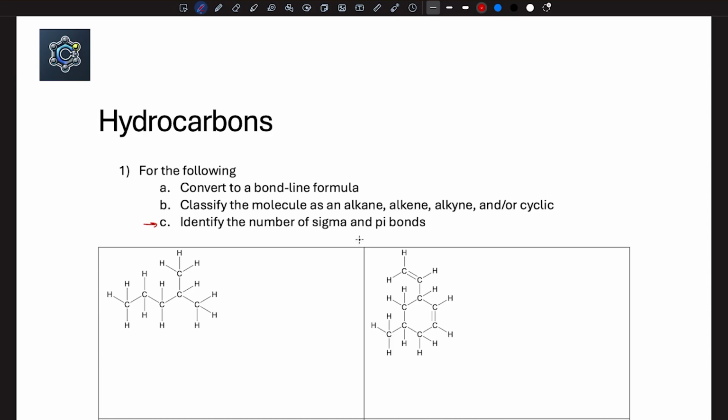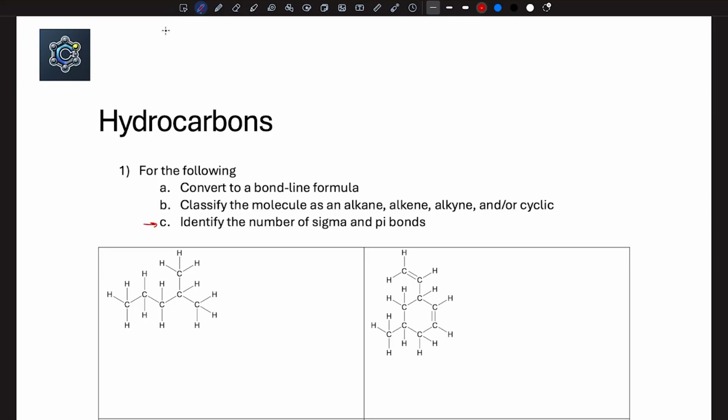The main part of the question asks us to draw a bond line structure, which hopefully you have no problem doing at this point, and also to identify the molecule as an alkane, alkene, alkyne, or cyclic. Further, if it's cyclic, is it a cyclic alkane, cyclic alkene, or cyclic alkyne?